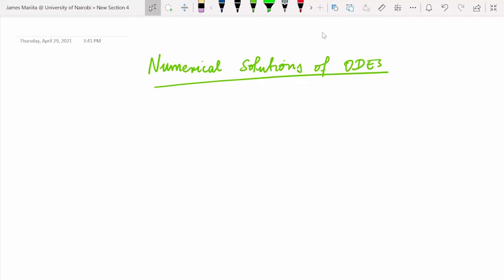So far, we know how to solve ordinary differential equations, the methods that we can use to solve them. But there are situations where you will get an ordinary differential equation which you cannot solve using the analytical methods. So we're talking about dy/dx, which we can call a function of x and y.